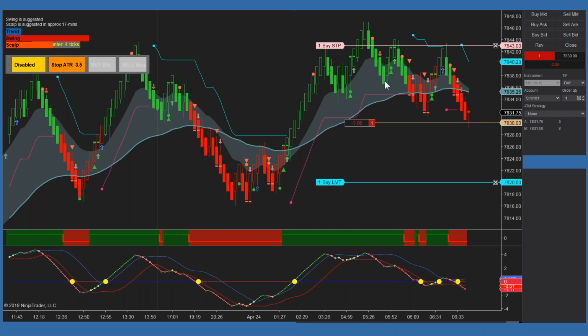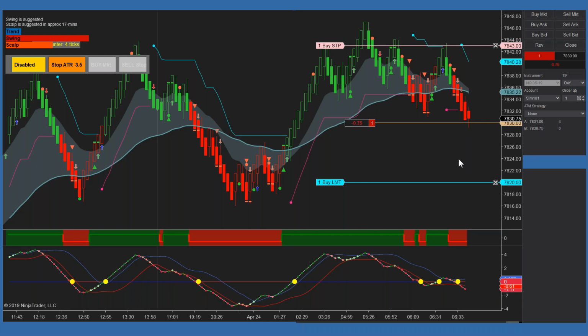The rule of 3 must always be preceded by a test of the extreme, in this case the extreme being the high. This is the retest. This is the evidence that maybe the market is not going to continue higher, and that is why we are considering shorting the market.